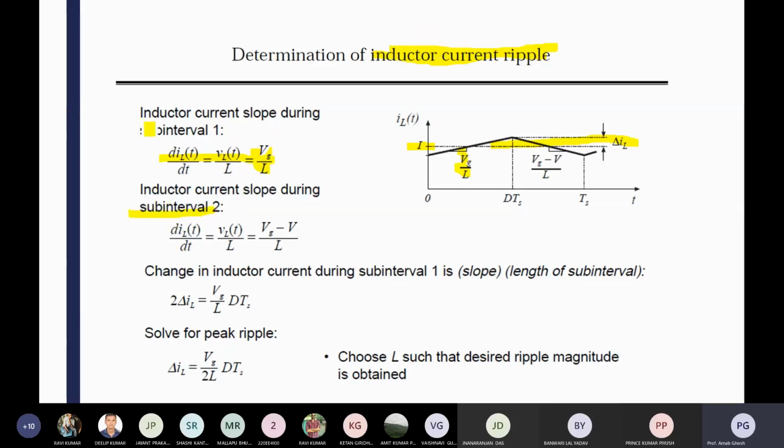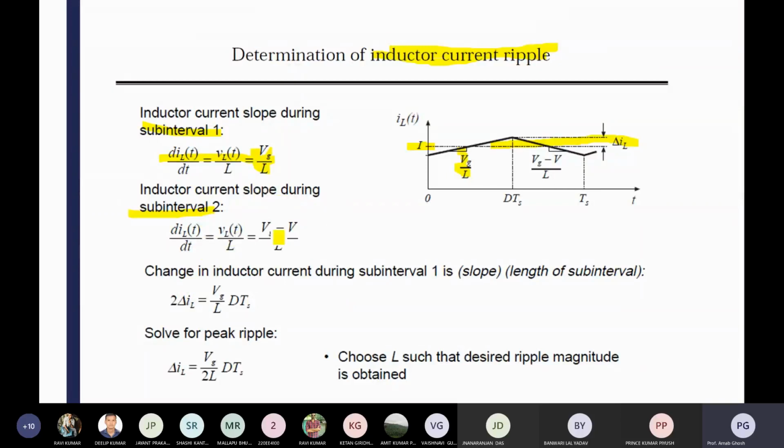For sub interval 1 we are getting the value Vg by L into dTs. In the second case, you are getting Vg minus V by L into d dash Ts, where d dash means 1 minus d, into Ts, capital T suffix s. So for your delta IL, you can add both of them. So 2 delta IL equals how much? Vg by L within brackets.